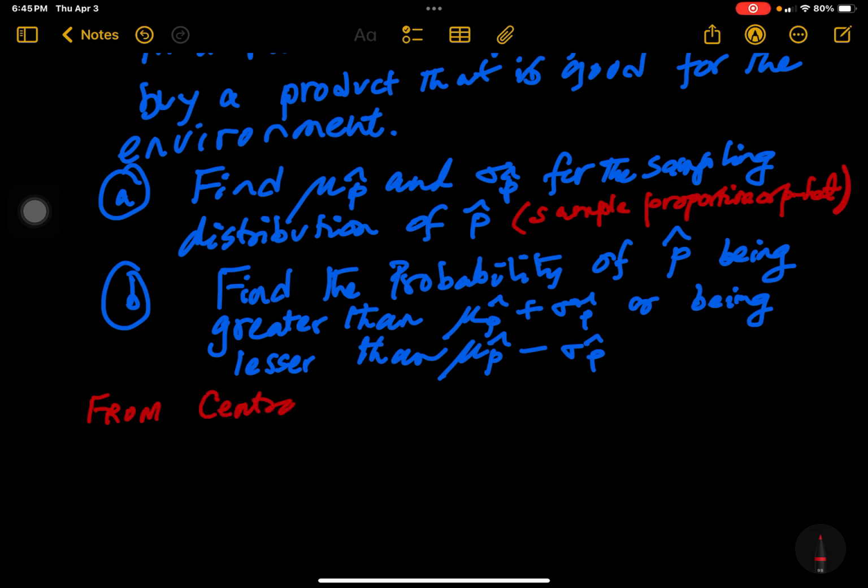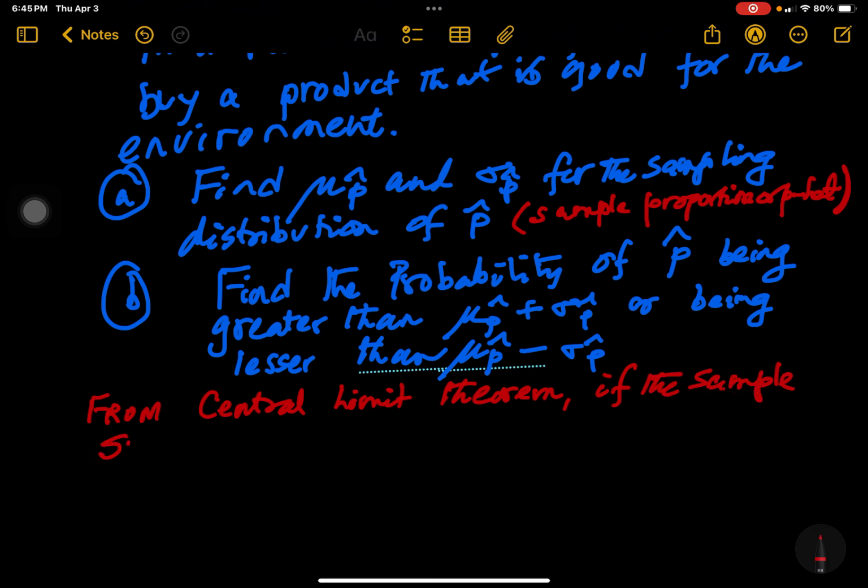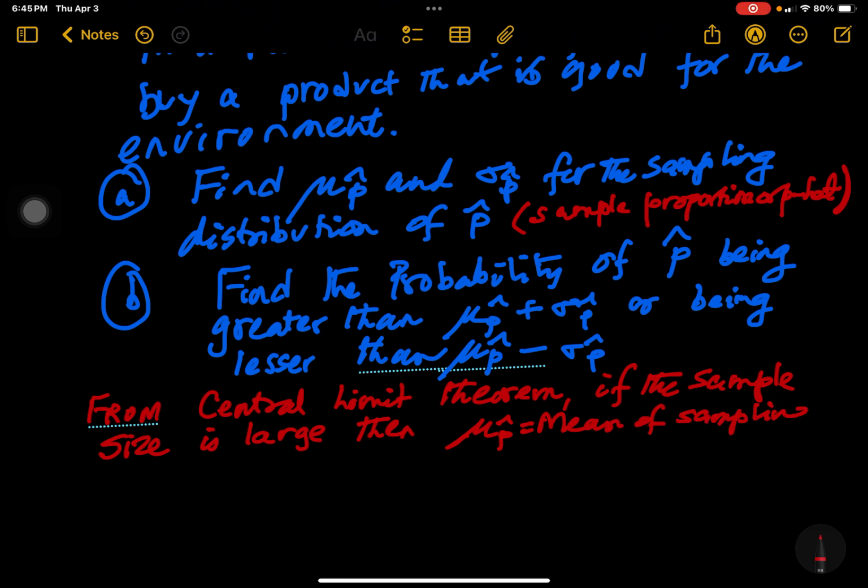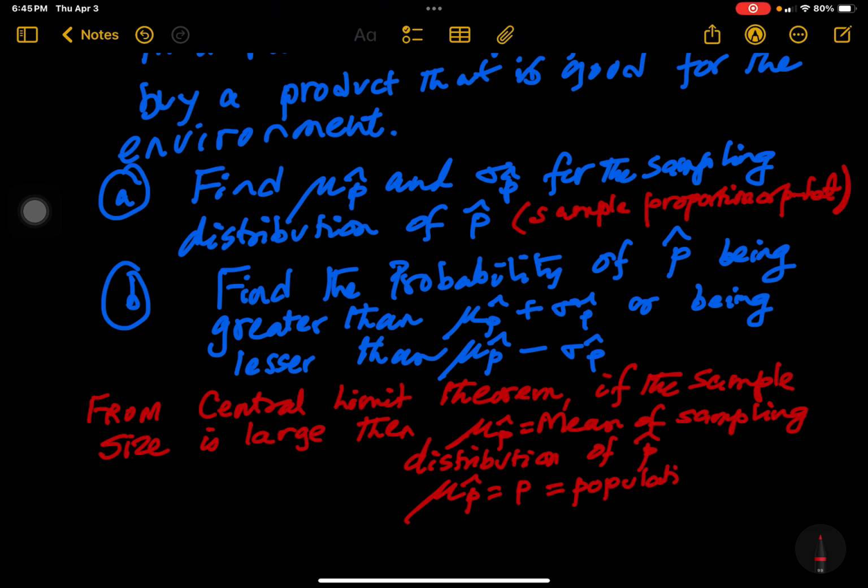From the central limit theorem, if the sample size is large, then mu p hat, which is the mean of the sampling distribution of p hat, is equal to p, which is the population proportion of success.